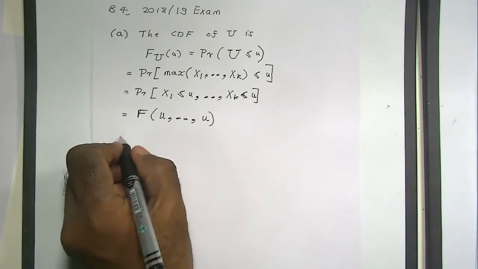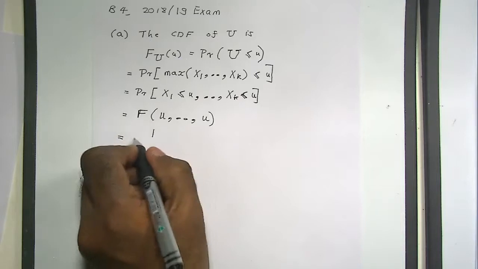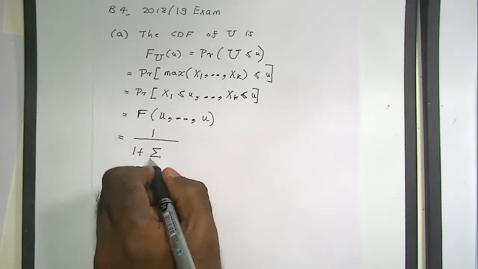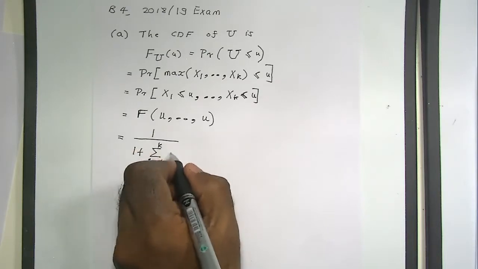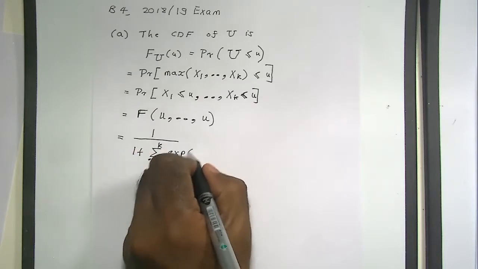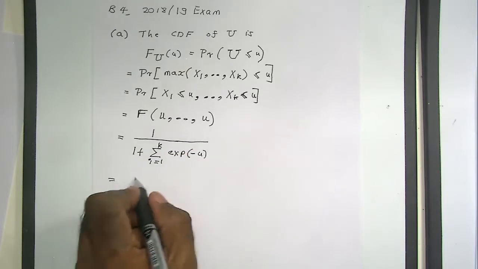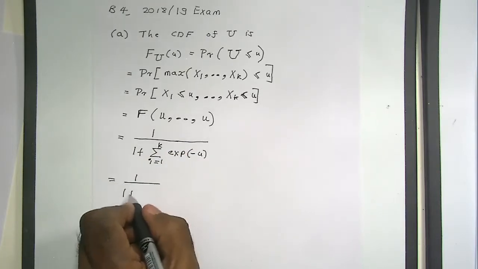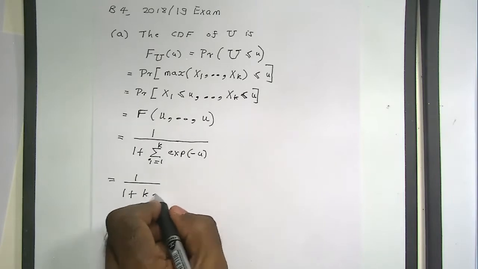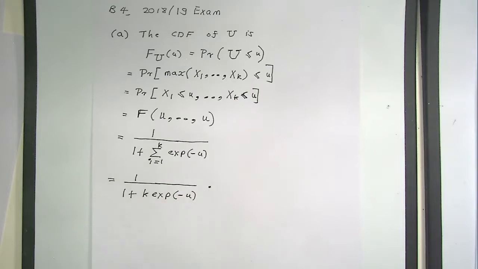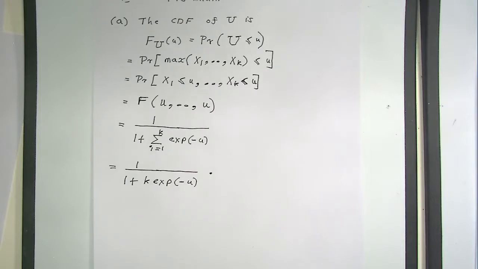So this will be 1 divided by 1 plus the sum over i from 1 to k of exponential of minus u, which is the same as 1 divided by 1 plus k times exponential of minus u. So this is how you will do part A. It's not difficult, is it? Are you okay with this, guys?